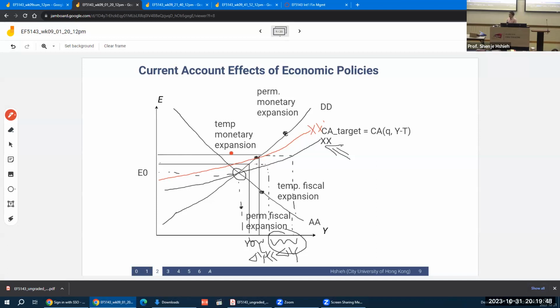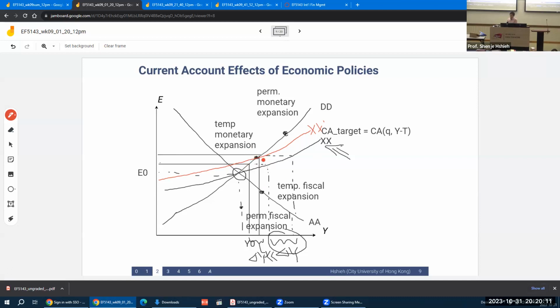What sorts of monetary or fiscal policies can they execute to meet or satisfy that new current account target? So I drew these points here to give you an idea of how to hit certain targets, right? Changes in targets.